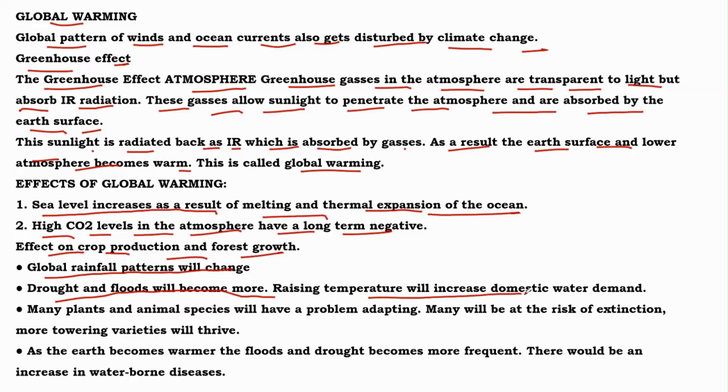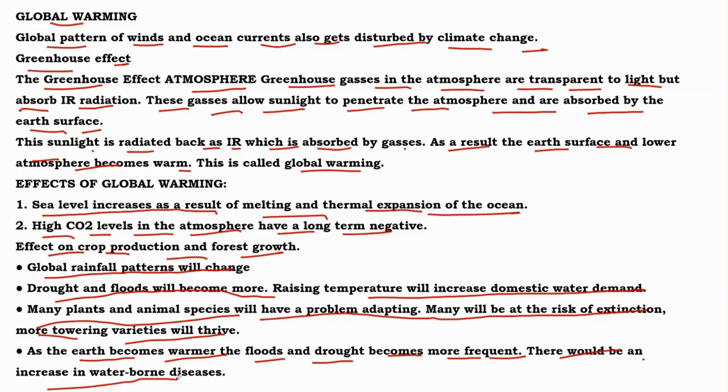Rising temperature damages many plants and animal species; many will be at risk of extinction, while some varieties will thrive. As our earth becomes warmer, floods and runoff become more frequent, and there would be an increase in waterborne diseases.